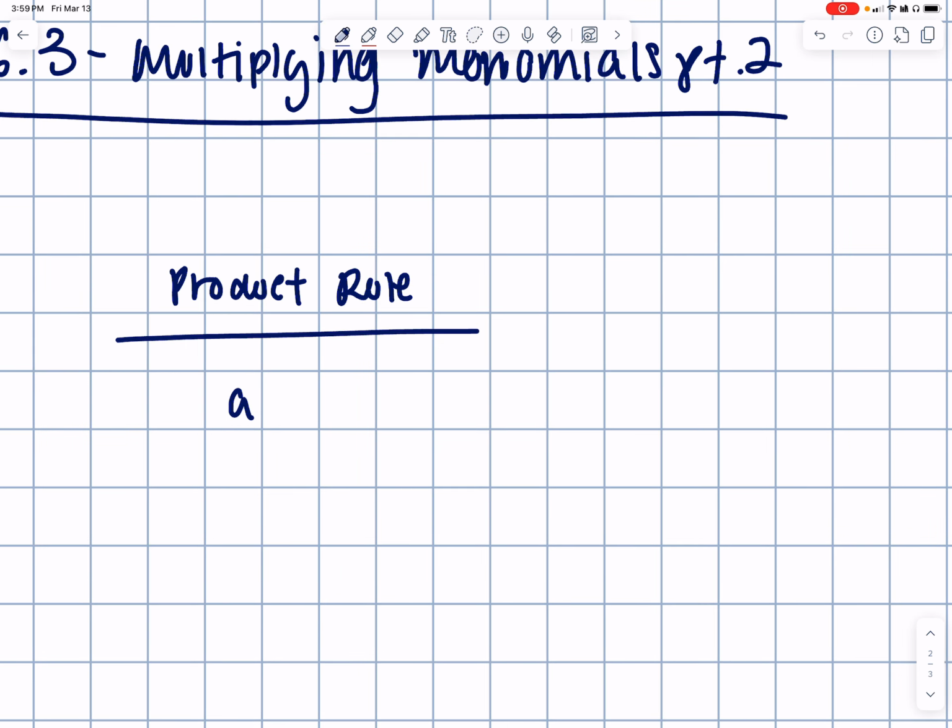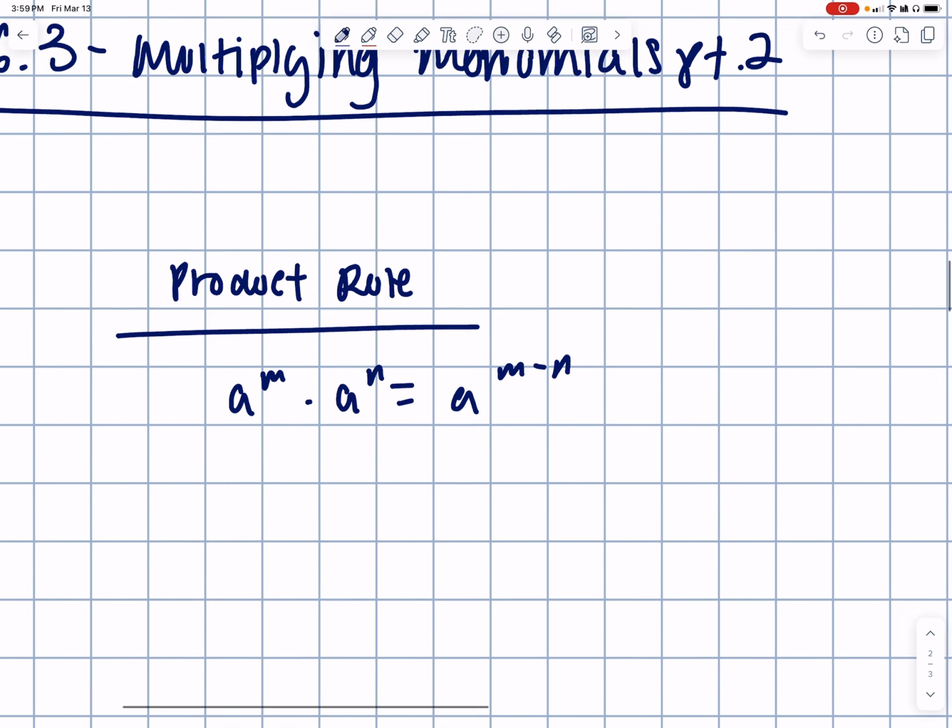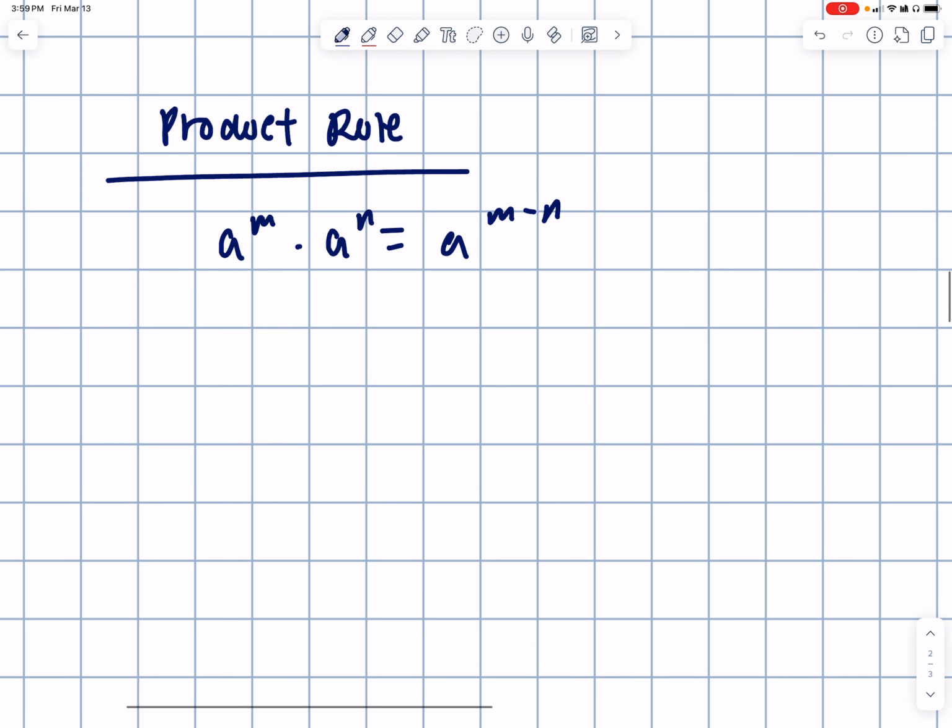Well, when we have two numbers or even two variables multiplied together with different exponents, you're going to add those exponents together and you're going to carry the base, okay? Key word I want you to learn is base, because the base could be a number or a variable. And I don't want you to confuse the coefficient with that variable to be part of the base.